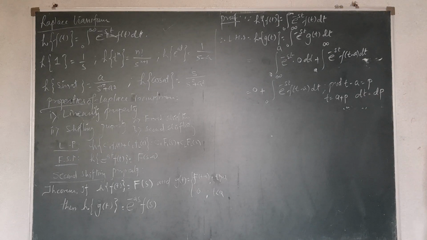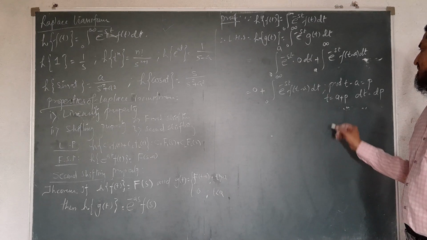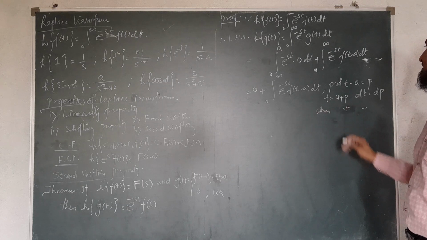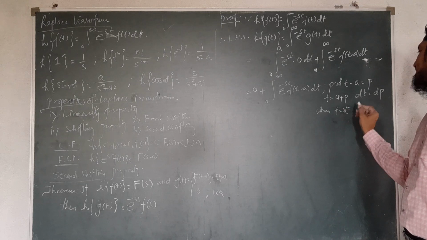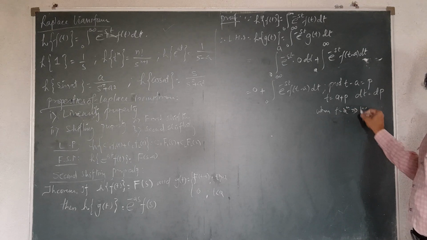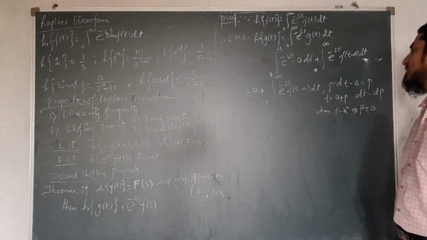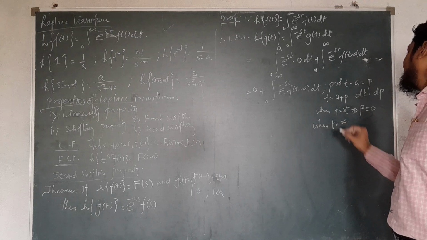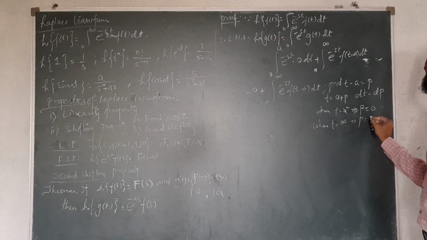And when we put the limits, when t is equal to a, p is equal to a minus a, which becomes 0, and when t is equal to infinity, p is infinity minus a, again infinity.